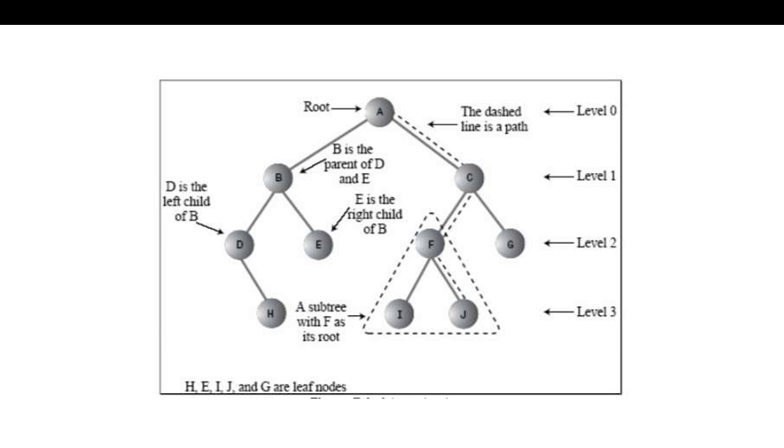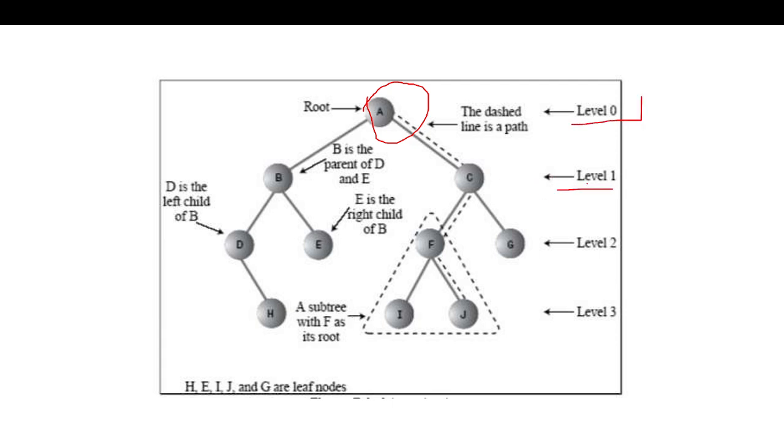Here is another diagram to understand the different terms of the tree data structure. A is the root node which has no parent. So the tree is categorized into different levels. Level 0 contains only the root.